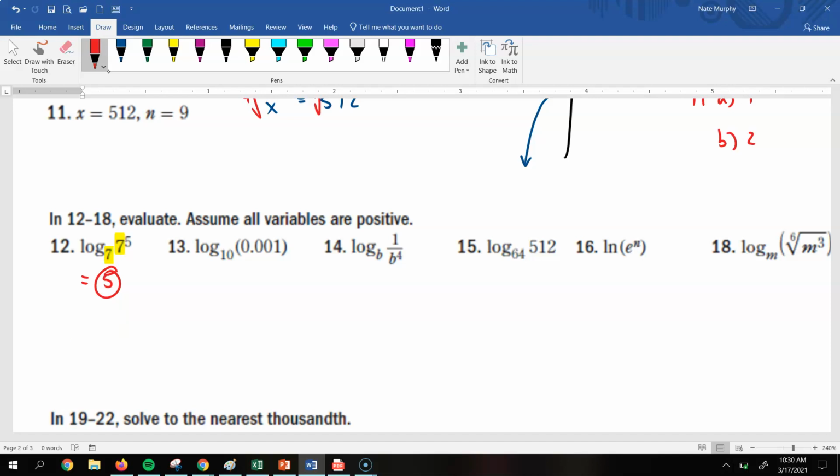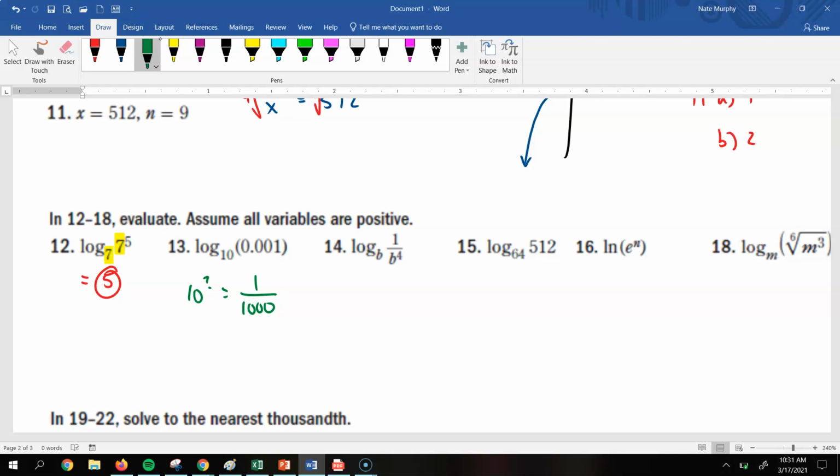All right, for number 13, we're trying to figure out what exponent we'd apply to 10 to get 0.001. Now, 0.001 is the same as 1 over 1,000.